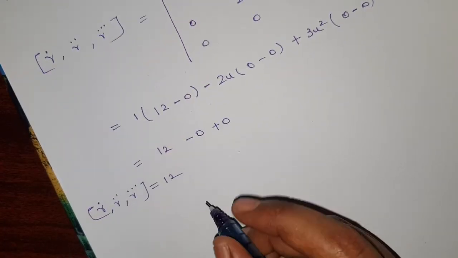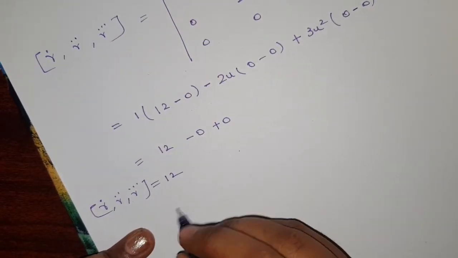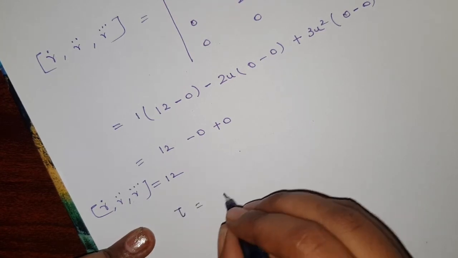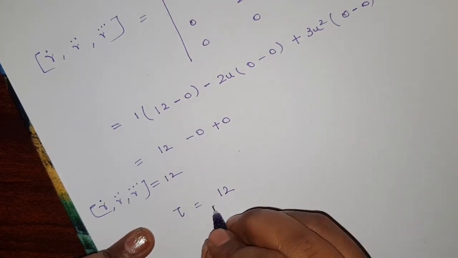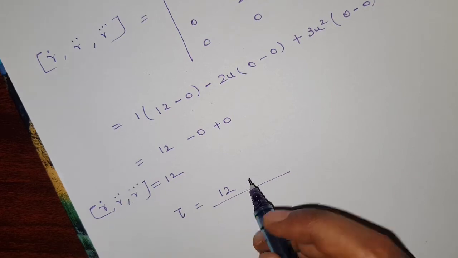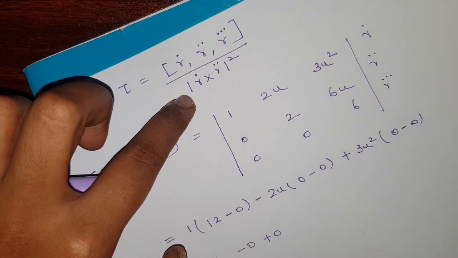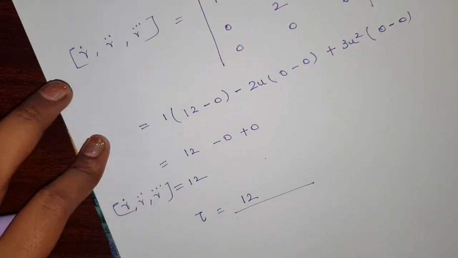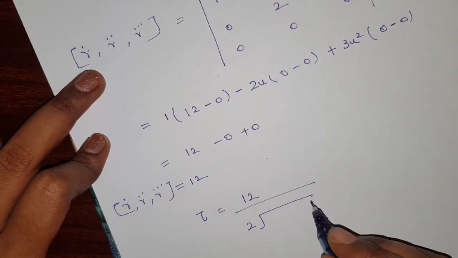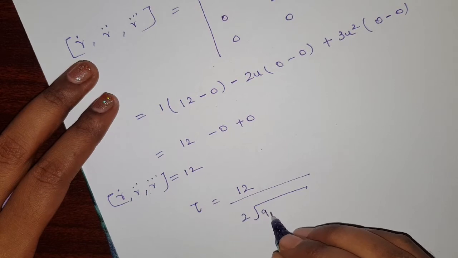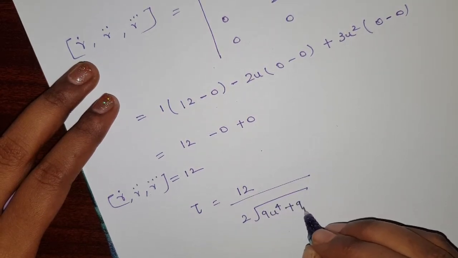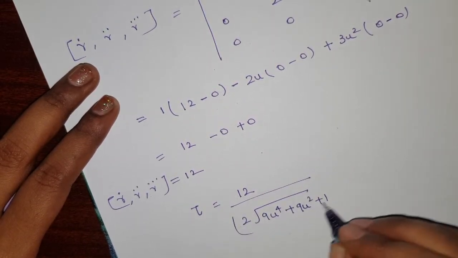Next we substitute these values in the torsion formula. That is tau equal to 12 divided by the value we found in the curvature, which is 2 into the square root of 9 u power 4 plus 9 u square plus 1, whole square.